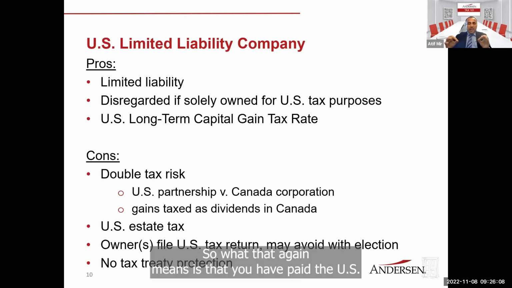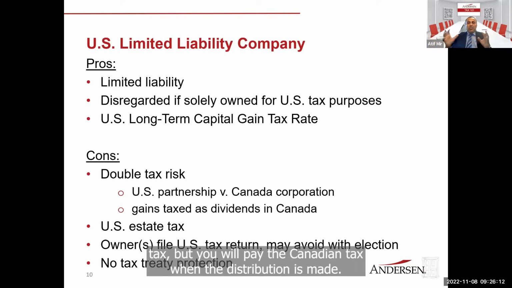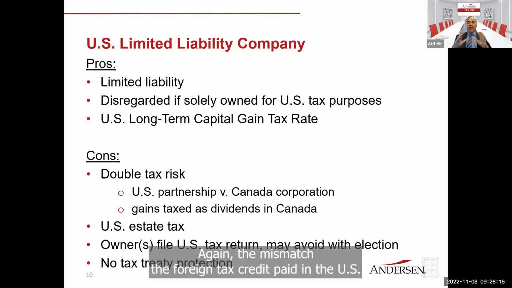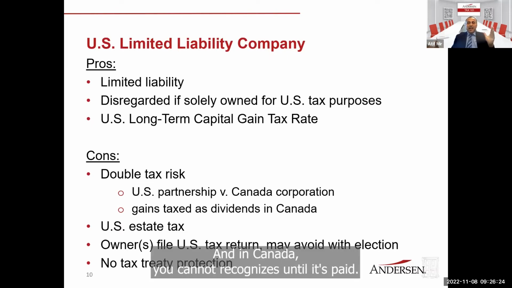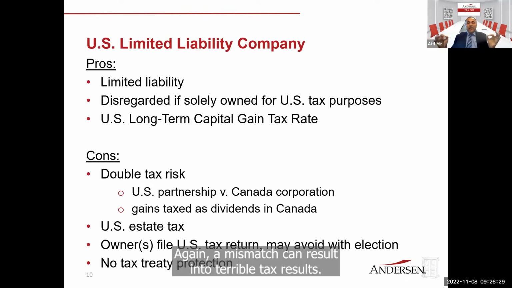So again, you have paid the US tax, but you will pay the Canadian tax when the distribution is made. Again, the mismatch: the tax paid in the US was in different years, and in Canada, you cannot recognize it until it is paid. Again, a mismatch can result in terrible tax results.